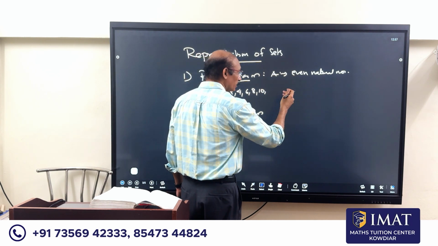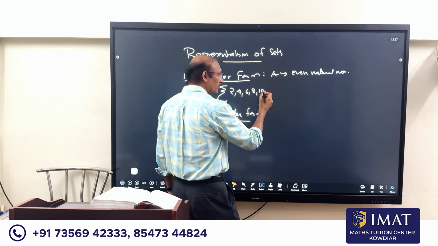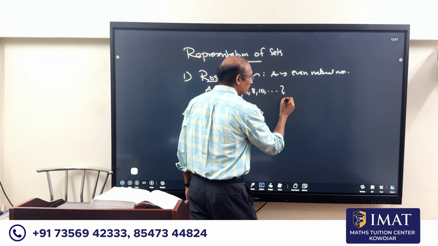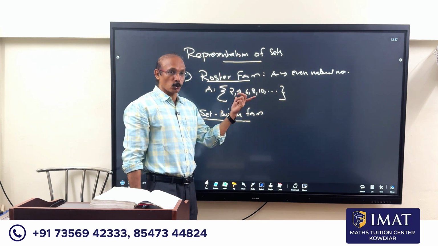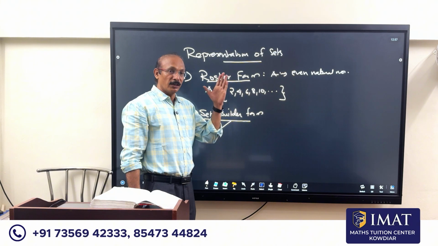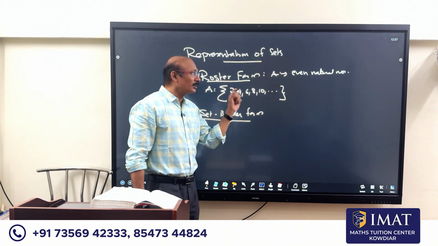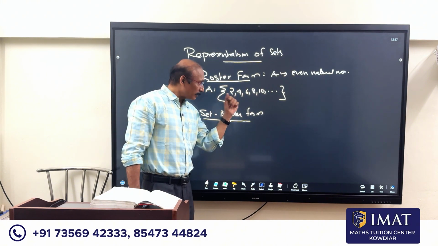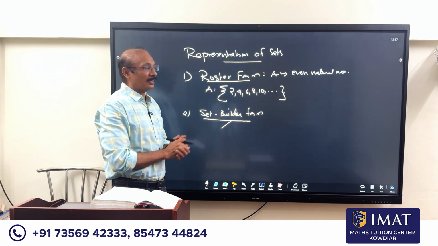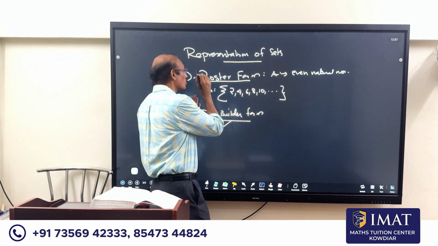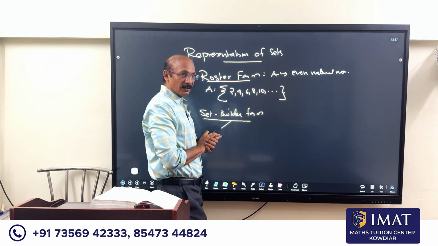You know that even natural numbers are infinite, so you just put some dots to say that this is infinite. This representation is called the roster representation. So in roster form, you list down the elements of the set, separated by commas, enclosed within curly brackets. And this representation is called what? Roster form. I hope this is clear, right?